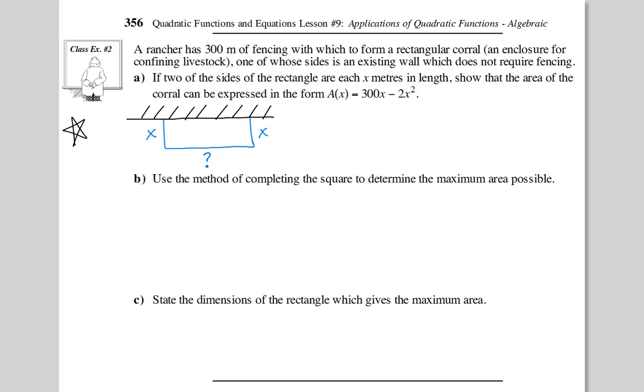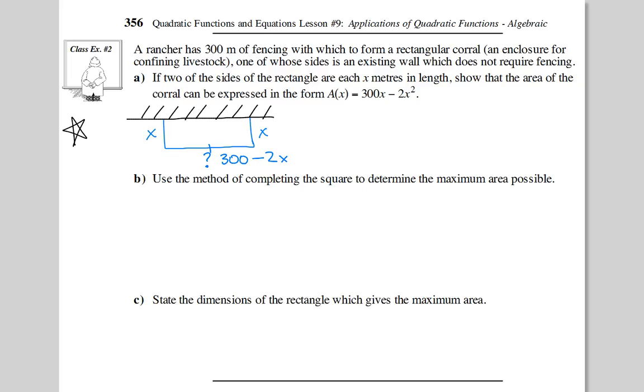What's this question mark going to be? How do you know that? You have 300, you have to use x, and then you have to use x again. So how much would you have left over for this part? 300 is the total, and you have to take away 2x. So that's the question mark.